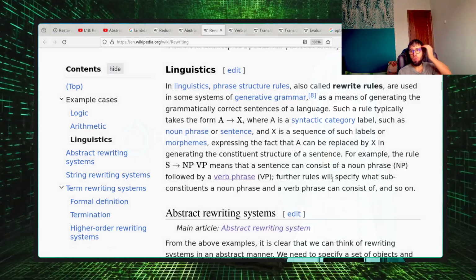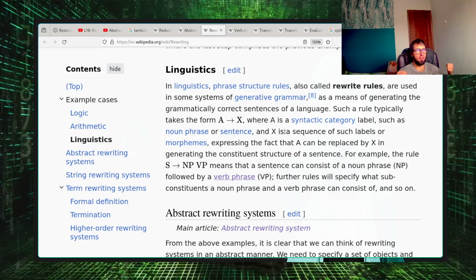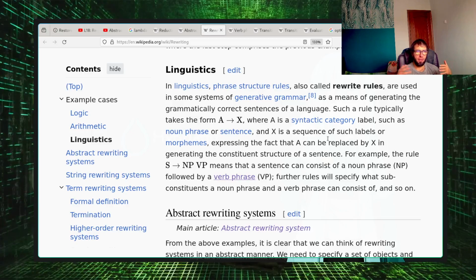Rewriting is also applicable in linguistics, so it is used in such things as generative grammars. These grammars generate correct sentences of a language.